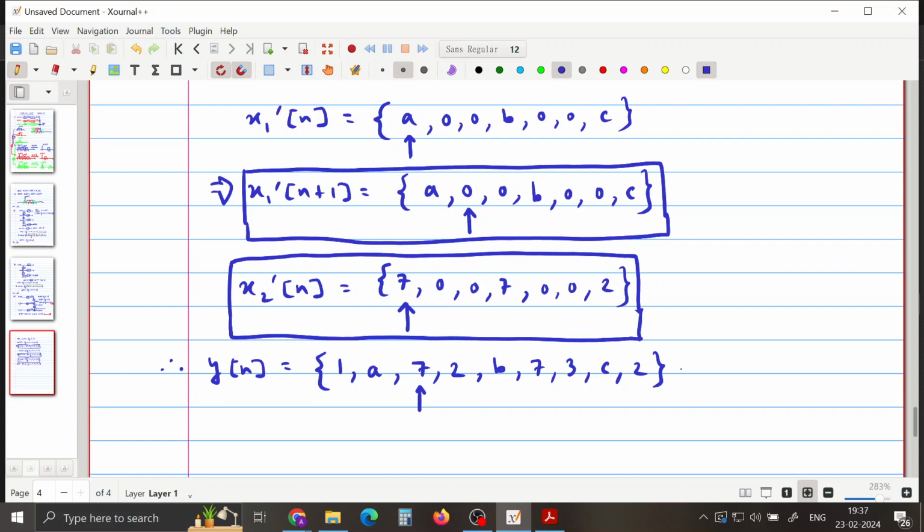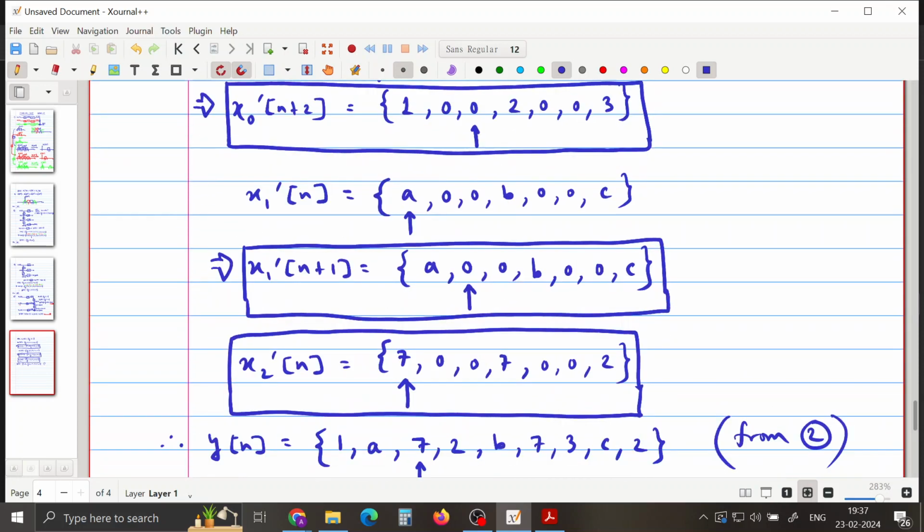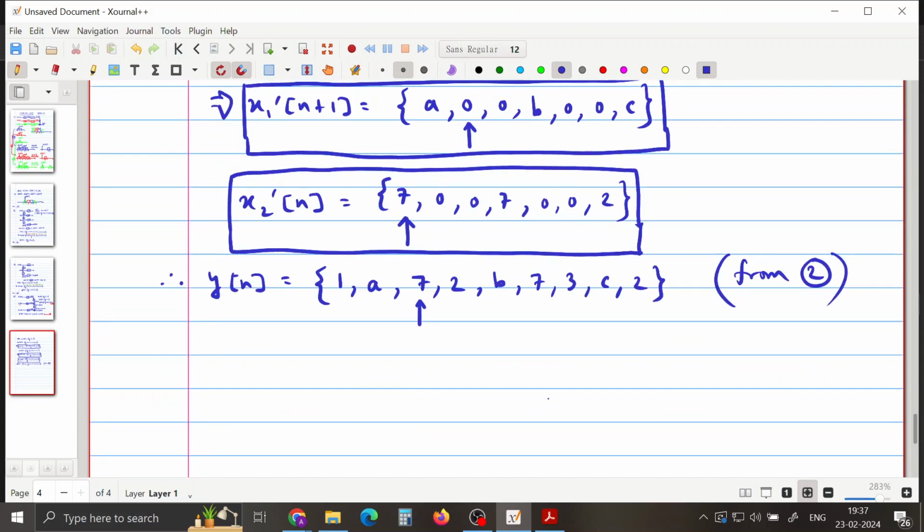And how can I write this? This is basically what equation 2 tells me, because that's the sum of these three sequences enclosed in the box. Great. Now I'll label this by a new equation 3, let's say. And in this equation 3 which I got, we still need to find a, b and c, right?